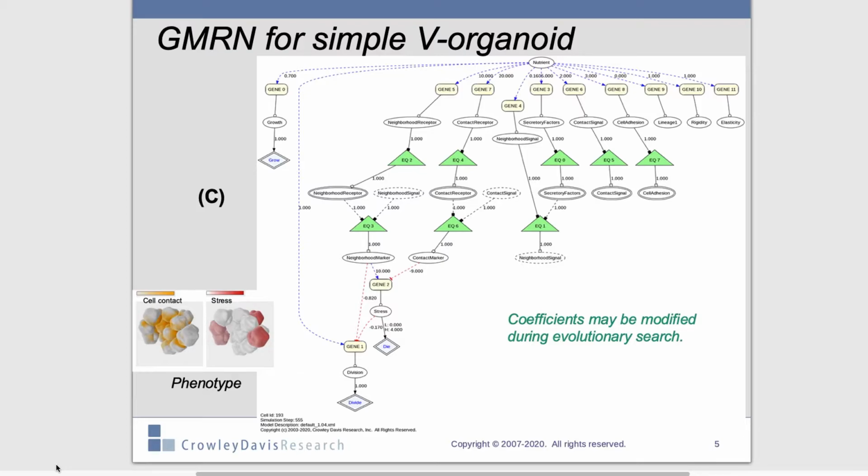This cell will then be used to seed and propagate a population of similar candidate virtual cells, each of which may develop into some type of V-organoid. Each of these V-organoids is compared to the desired result and assigned a numerical fitness index between 0.0 and 1.0.